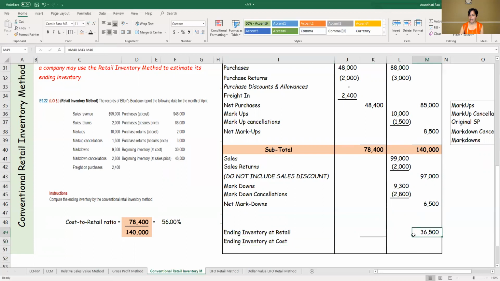Now our last step is to calculate the ending inventory at cost. Okay. If ending inventory at retail, I'll put this in a different color here so we see this, is 36,500, I multiply that by the cost to retail ratio, and I say based on that, the cost of my inventory, ending inventory at cost is 20,440. It's 36,500 times 56%.